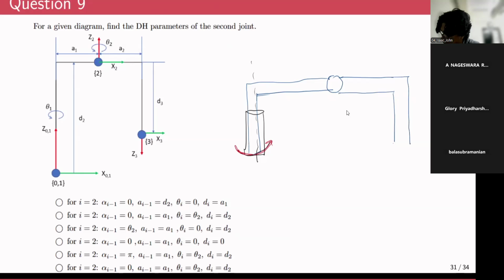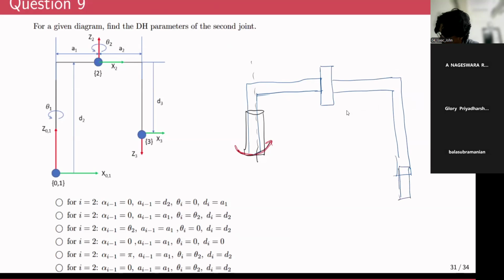Sorry, I think I'm making a mistake. It has another joint, something like this, and one more final joint. So this robot has 3 joints, as per the direction of this z-axis.